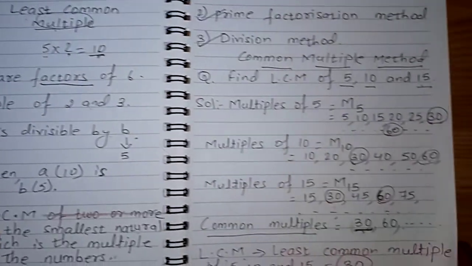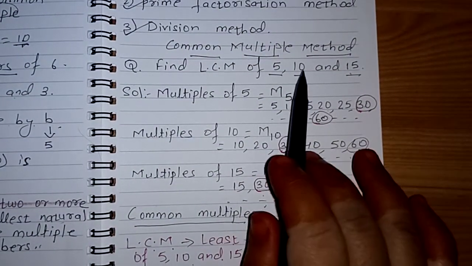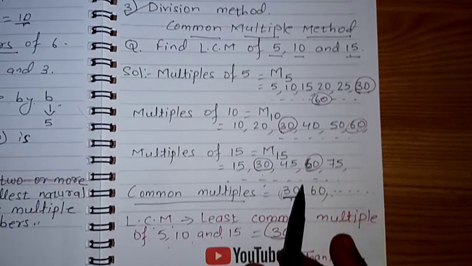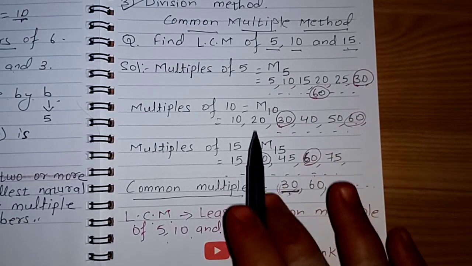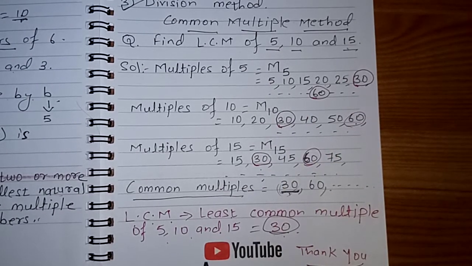Here see, LCM of 5, 10 and 15 is what? 30. So 30 is the smallest natural number which is divisible by 5, 10 and 15 exactly.